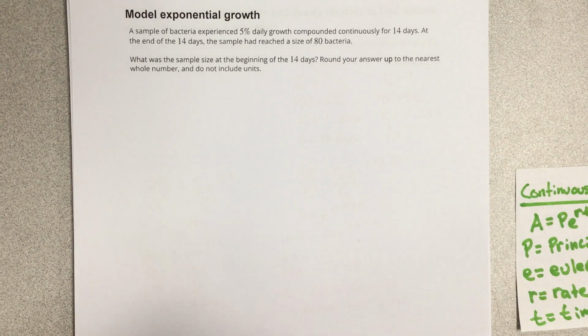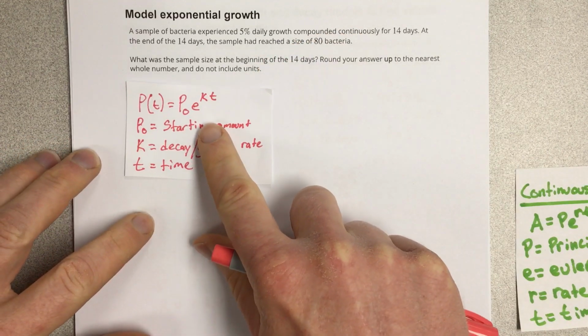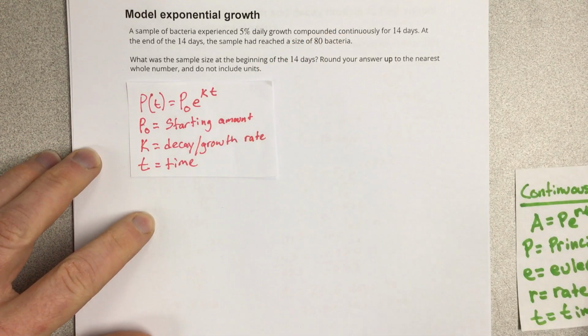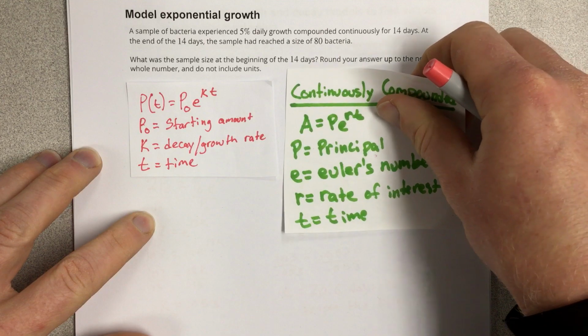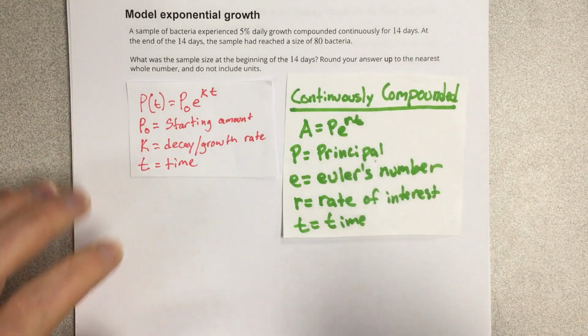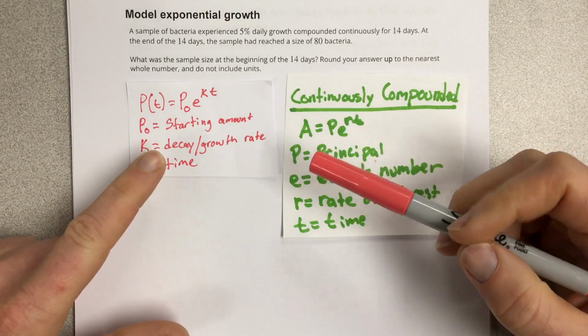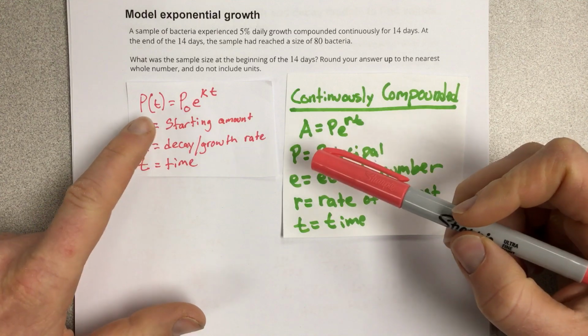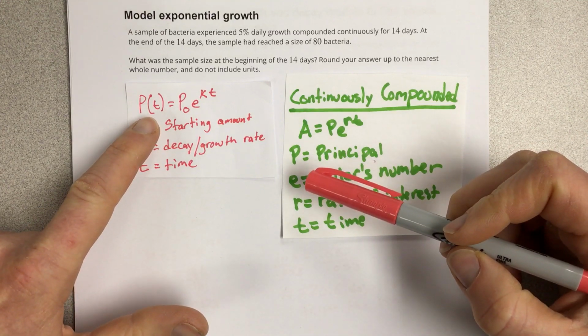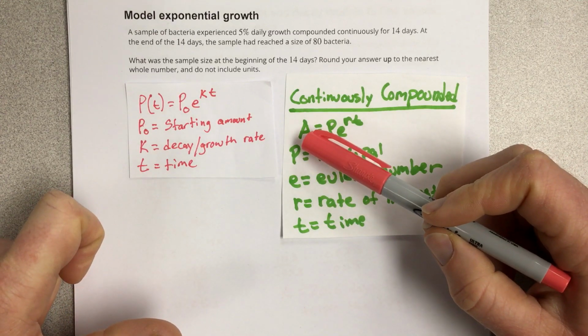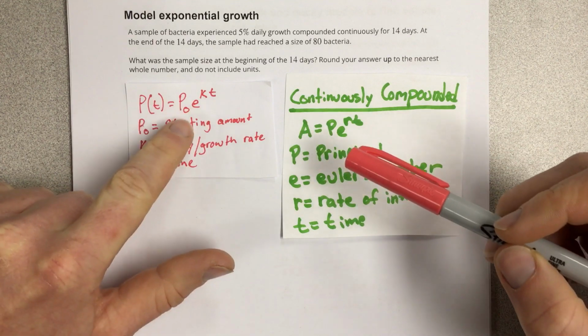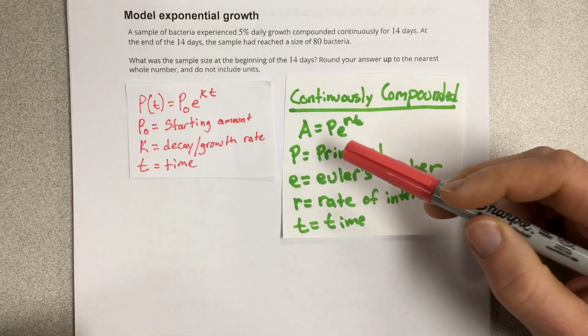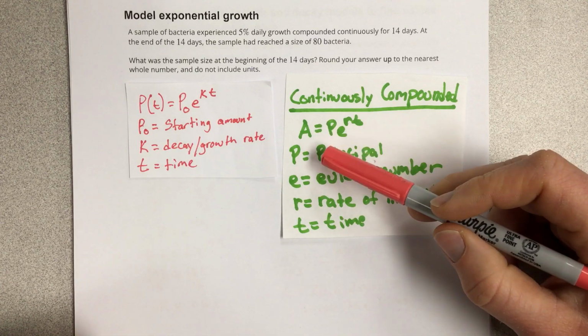So we need to pull out our exponential growth model, which I want to compare to our continuously compounded interest model. And you'll notice that they're basically the same equation. You've got P of t, which is just your ending amount, and A for any type of business would be the ending dollar amount. P of 0 is the starting amount, and P, the principal, would be the starting amount.